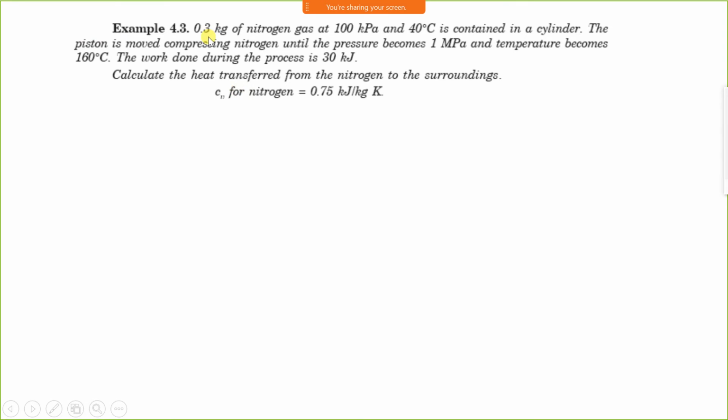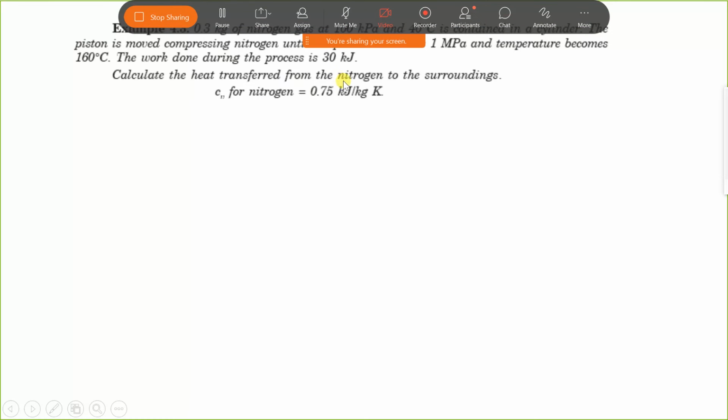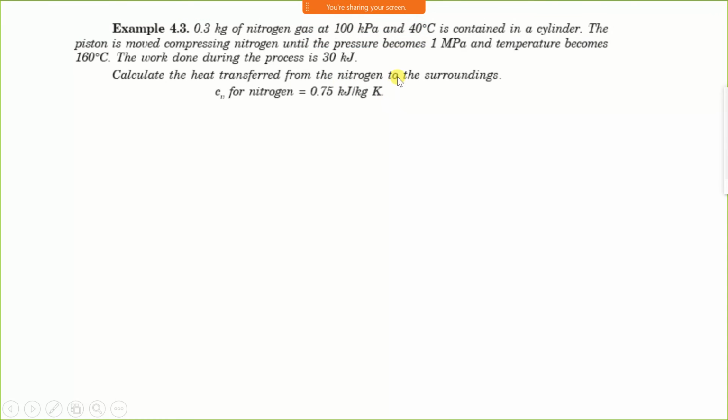A 0.3 kg of nitrogen gas at 100 kilopascal and 40 degrees Celsius. Mass of nitrogen is 0.3 kg, pressure of nitrogen is 100 kilopascal and temperature of nitrogen is 40 degrees Celsius, contained in a cylinder. The piston is moved compressing nitrogen.